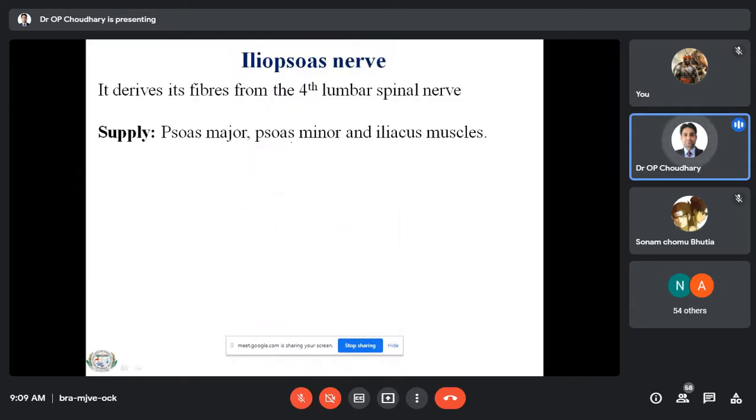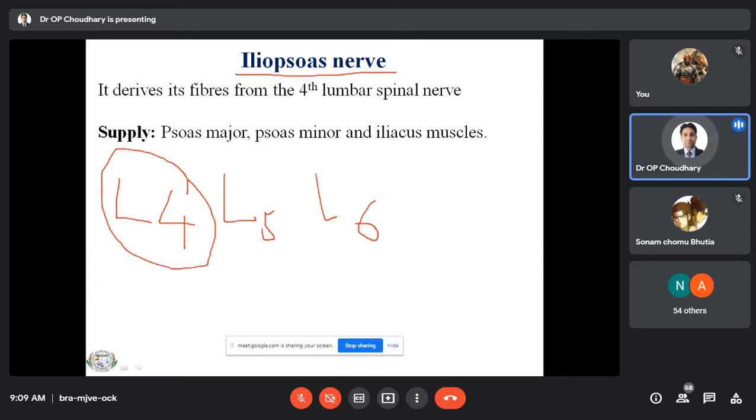So the first nerve of the anterior part is the iliopsoas nerve. As you know, the anterior part is usually formed by L4, L5 and L6 spinal nerves. Out of these three, L4 forms the iliopsoas nerve, and this iliopsoas nerve supplies the psoas major, psoas minor and the iliacus muscle.